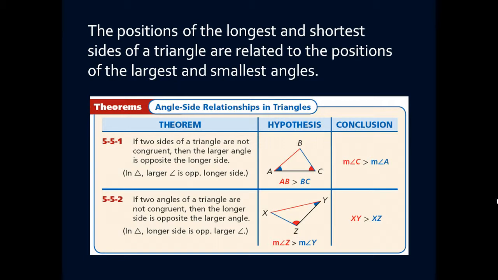So the bigger the angle, the longer the side. 5-5-2 states, if 2 angles of a triangle are not congruent, then the longer side is opposite the larger angle. We can clearly see that XY is opposite the largest angle Z in this triangle.